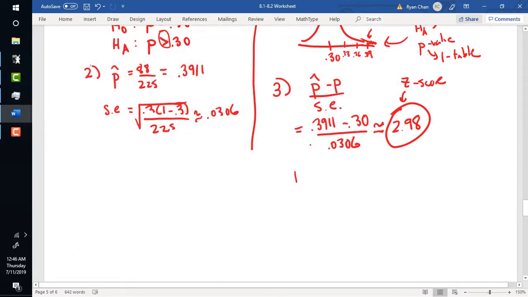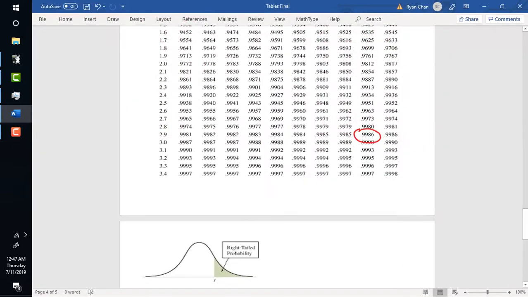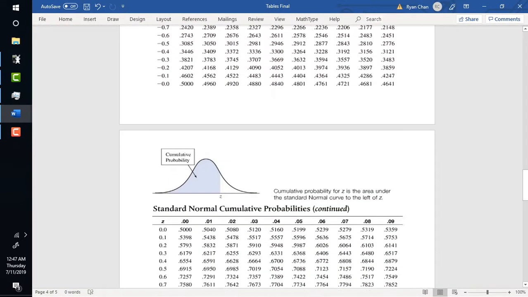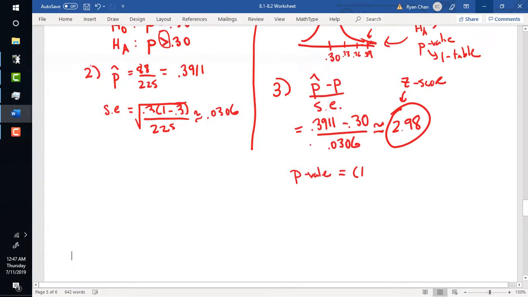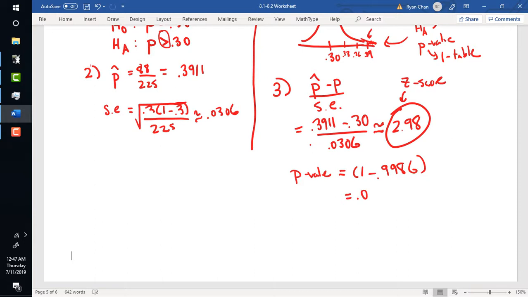And since it's greater than, my p-value is going to be equal to 1 minus 0.9986. And this is 0.0014, okay?